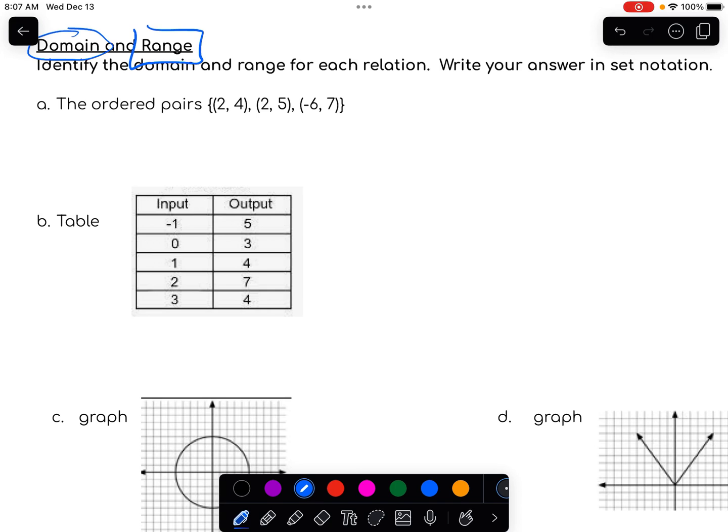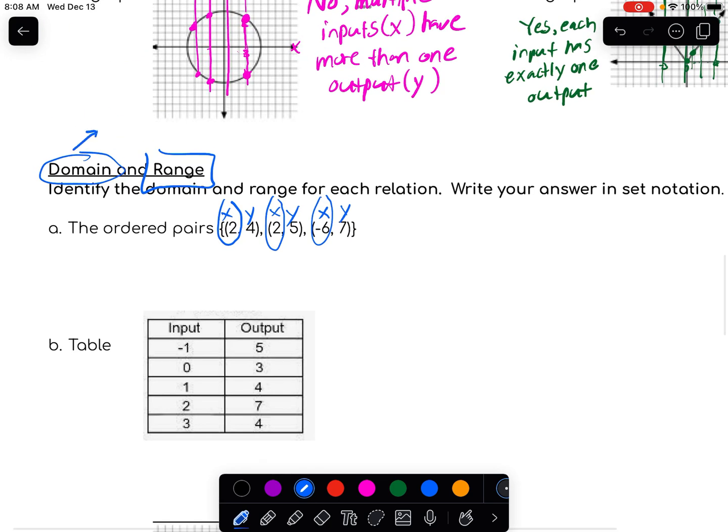And so when we have these ordered pairs, again, think of them as x, y's, input, output. So the domain is just a special word that represents all of the possible inputs, okay? In other words, all the possible x values. So we defined that before, but all possible inputs. Now there's a little notation that we use.